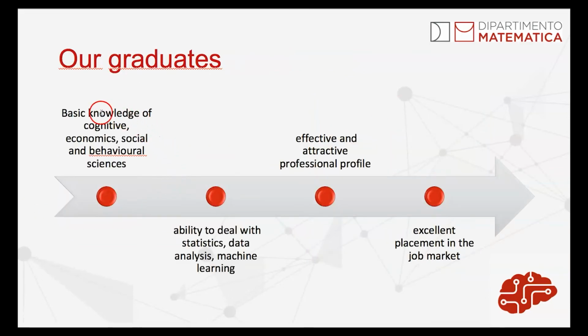So the basic knowledge will be acquired on economics, social and behavioral science, and the ability to treat this data using statistics, data analysis, machine learning, and this leads to an excellent placement in the job market.